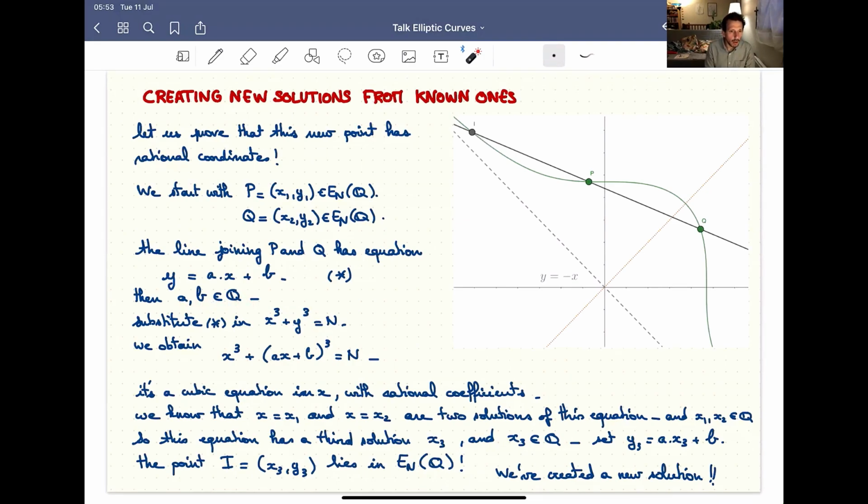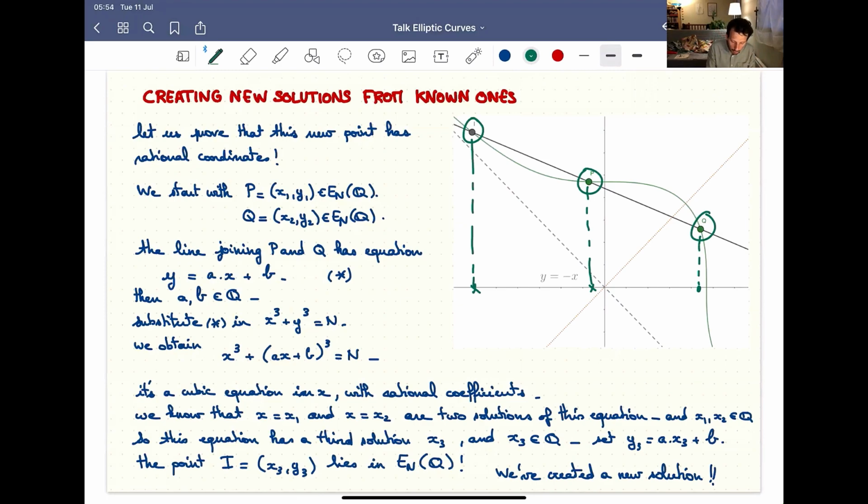Okay. And what we're going to do is to try to find, first, the x coordinates for the points which belong to both the green curve and the gray line.